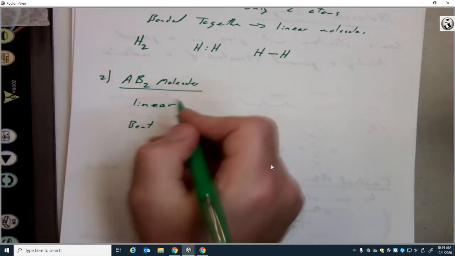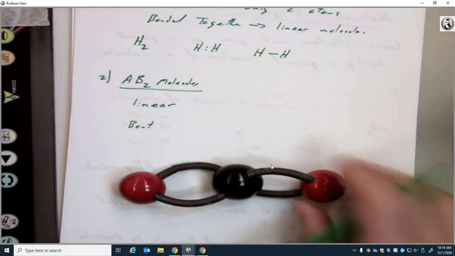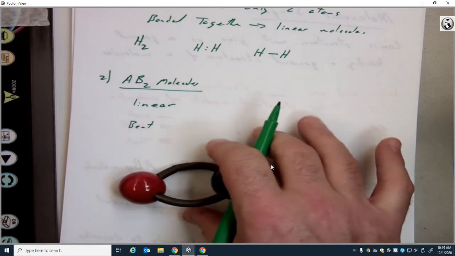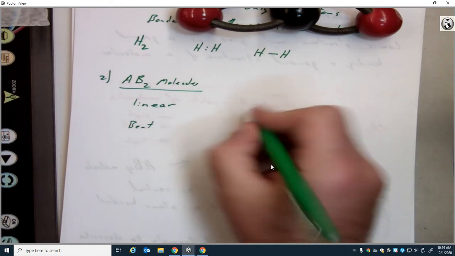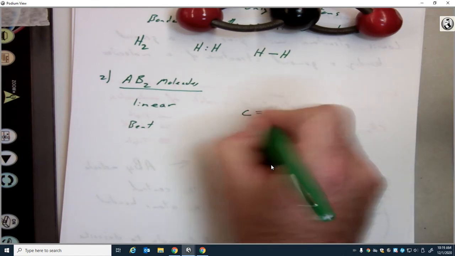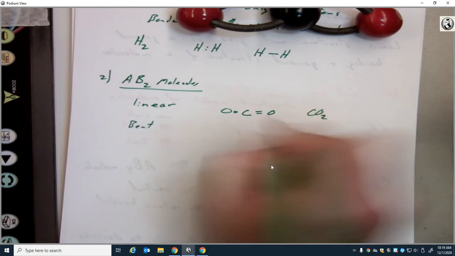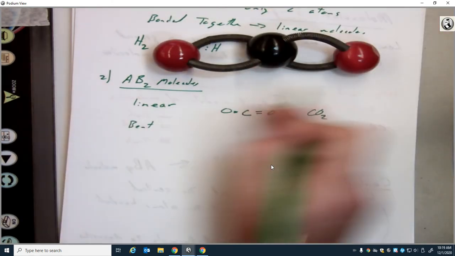So an example of an AB2 linear molecule would be something like this. Again, they're all lined up in a row, so it's linear. And this example is carbon dioxide. So CO2 is a linear molecule.